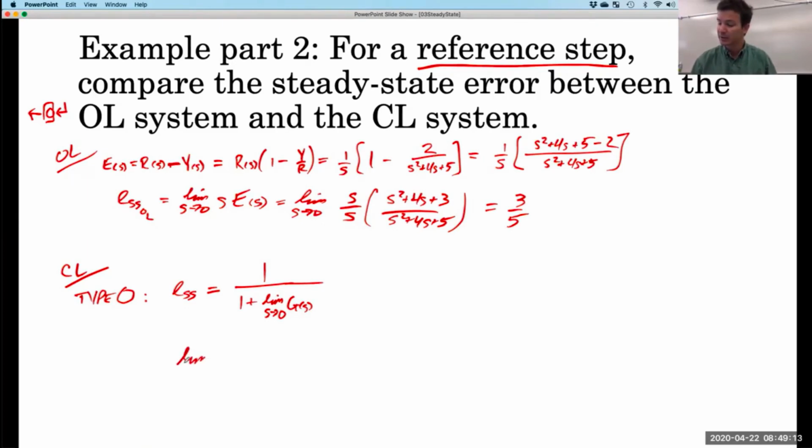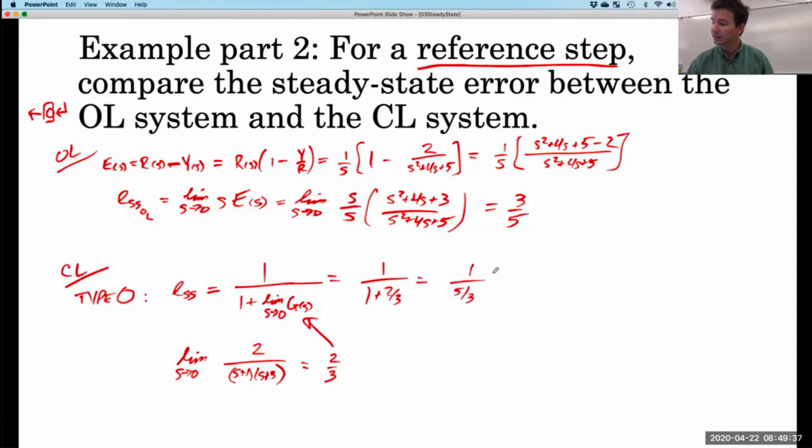So the limit as s goes to 0 of g of s, which is k over s plus 1, s plus 3. I believe that is, if I let the s's go to 0, I get 2/3. So plug that in there, and we get 1 on 1 plus 2/3, which is 1 on 5/3, which is 3/5.